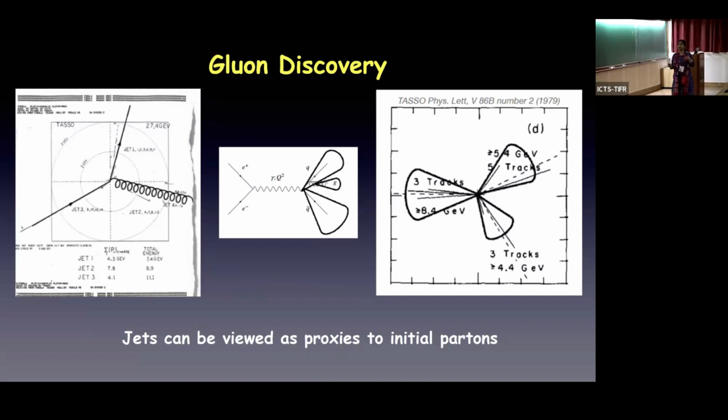The idea was that one of the quark or anti-quark could branch to give a gluon, and that could seed the third jet. So jets can be viewed as proxies of initial partons, and from then onwards, a lot of studies in experimental physics were carried out to study jets, and from them to know about the initial scattering.